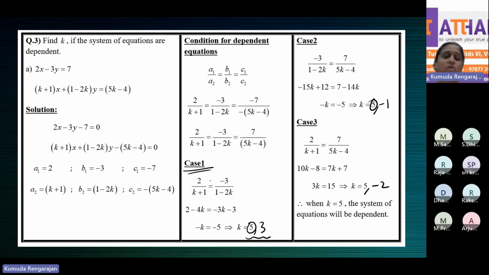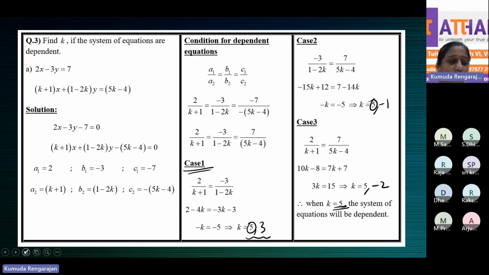We don't know which 2 you will work. Whichever 2 cases you have worked, the common solution is 5. So when K is equal to 5, the system of equations will be dependent.